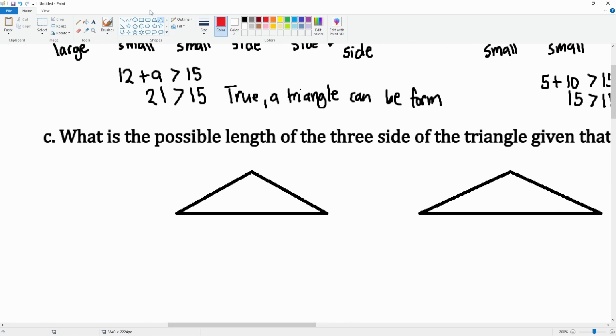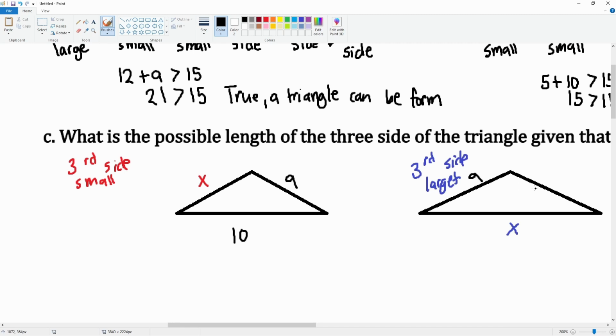So here we can know that the third side is the small one. So this can be X, then we have our 9, then we have our 10. Here, the third side is going to be the largest, so it can be X here, and the other two would be 9 and 10.